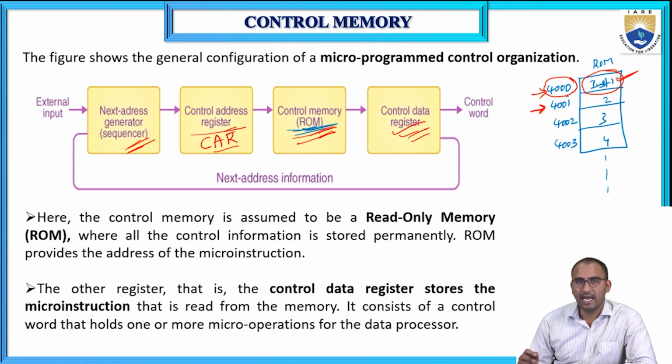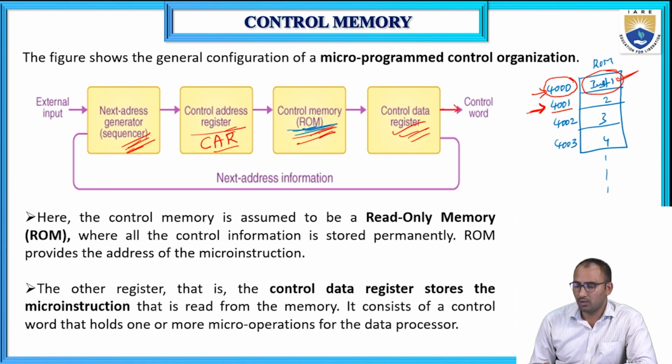While the CPU is executing the current instruction, simultaneously it has to generate the address of the next instruction, which is 4001. The address of the next micro instruction is generated using this address sequencer. That is the operation of the address sequencer, and it also has some control word.